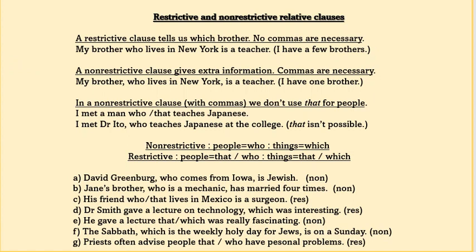A non-restrictive clause gives extra information, so commas are necessary. My brother, who lives in New York, is a teacher. So I have one brother. In a non-restrictive clause with commas, we don't use that for people.